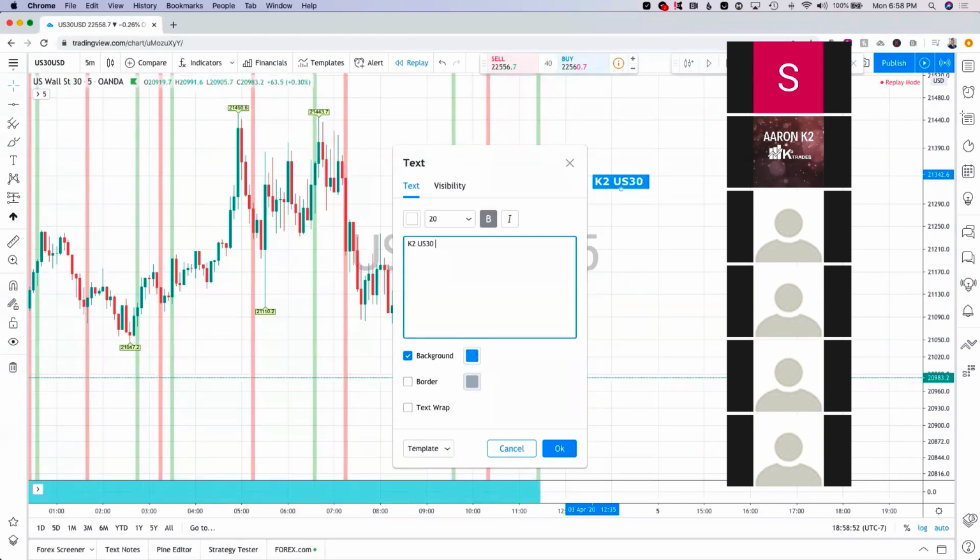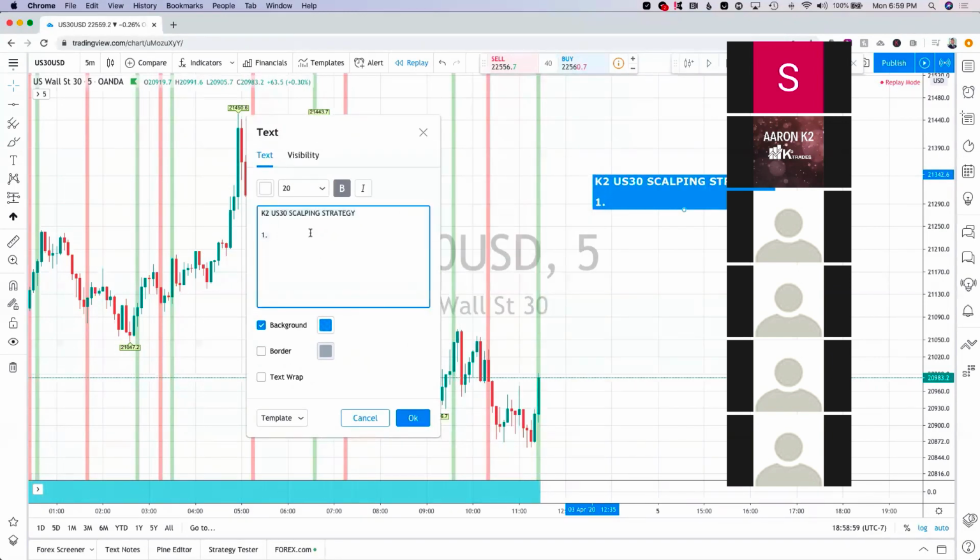First, what I'm looking for is you need to identify a swing high or swing low, depending on whether you're taking a buy or sell position. If you're taking a sell, you're gonna want to identify the swing high. Or if you're taking a buy position, you want to identify the swing low.